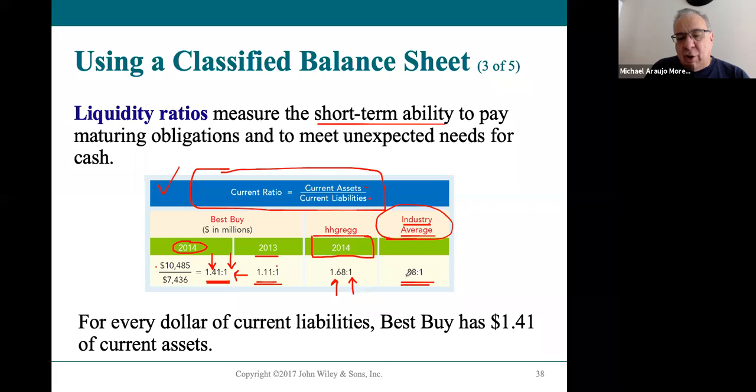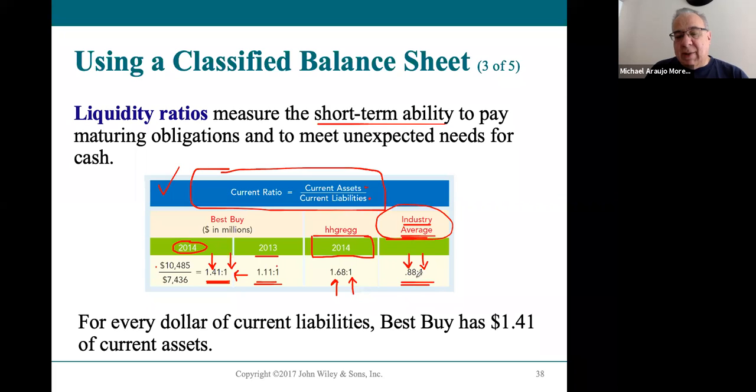Their current ratio is 0.88-to-1, which means they only have 88 cents of current assets for every dollar in current liabilities, which means this particular industry is stressed. And that's true, because in order to pay their current bills with this type of ratio, they're going to need to borrow more money, okay, if they're able to.